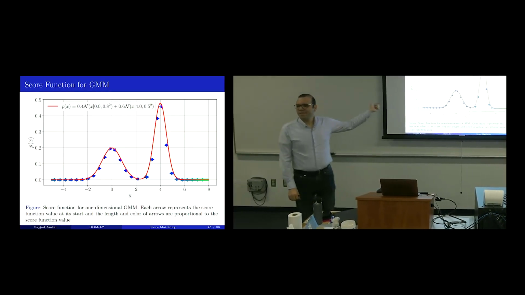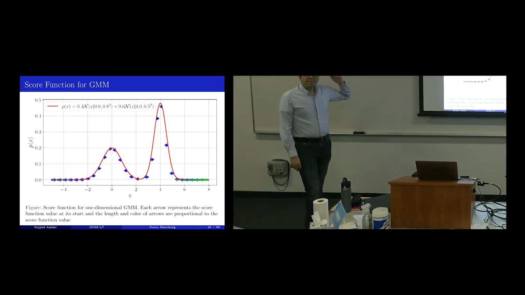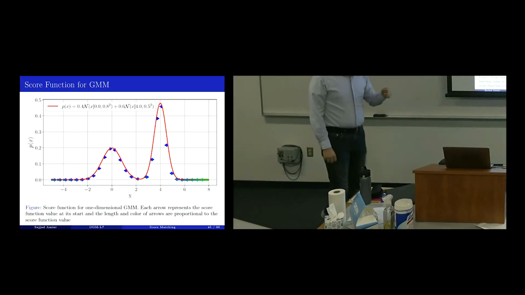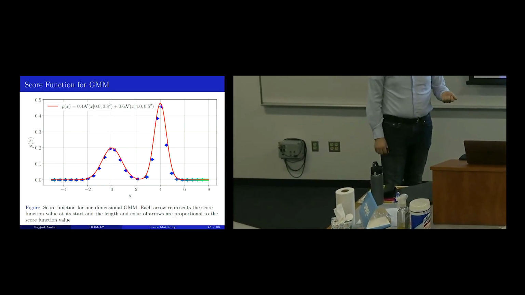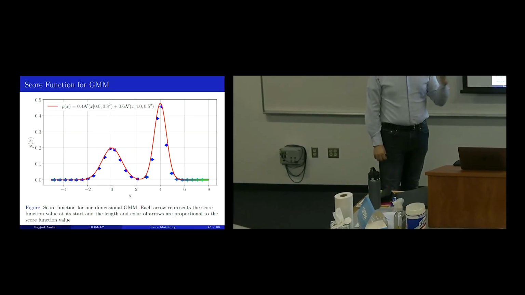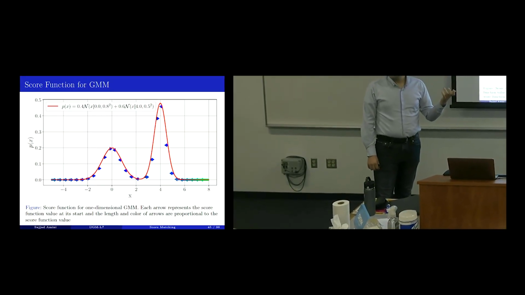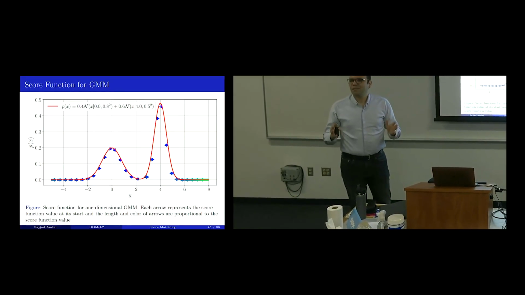They are 0. So you have an interesting indicator of the maximum likelihood. If your score is 0, you are at the maximum likelihood, at least a local maximum likelihood.